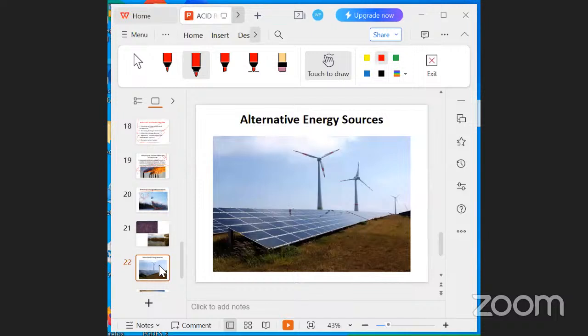And third one is alternative energy sources. Besides fossil fuels, there is a wide range of alternative energy sources that can generate electrical power. These include wind energy, geothermal energy, solar energy, hydropower, and nuclear power. Harnessing these energy sources can offer effective electrical power alternatives instead of using fossil fuels.